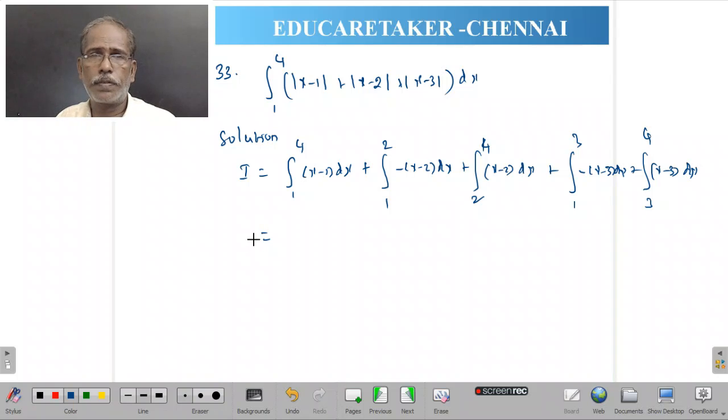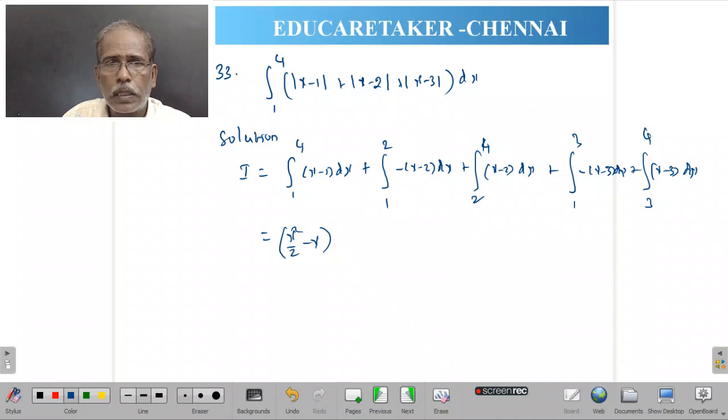The integral of x minus 1 is x square by 2 minus x, with lower limit 1 and upper limit 4. Then minus x square by 2 plus 2x, with lower limit 1 and upper limit 2.